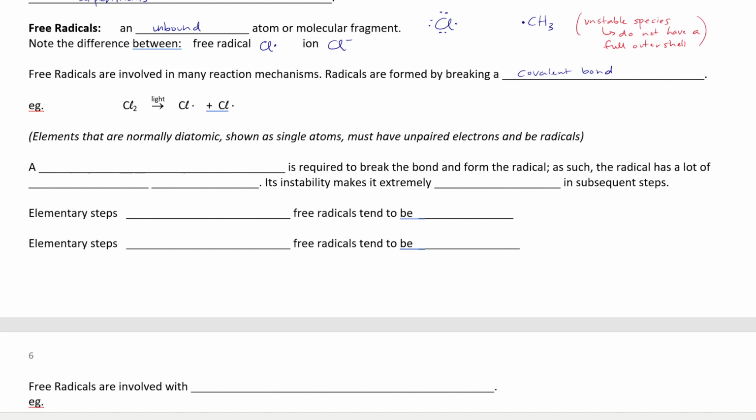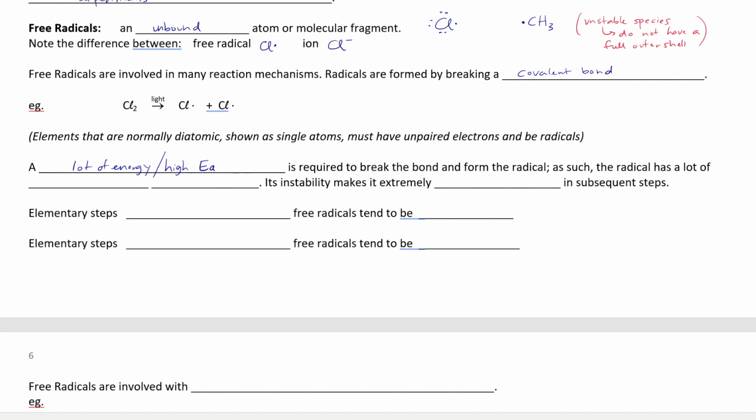In order for this to happen, you have to have a lot of energy, or basically what we're looking at, a high activation energy, is required to break the bond and form the radical.